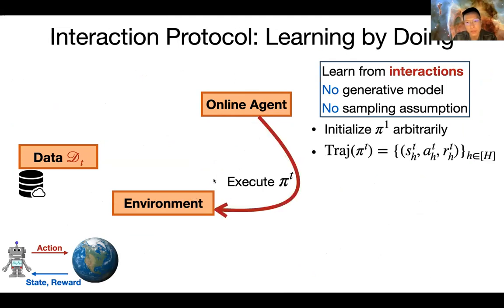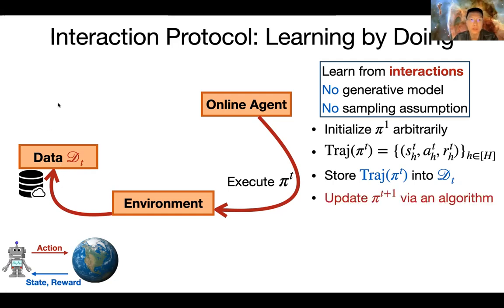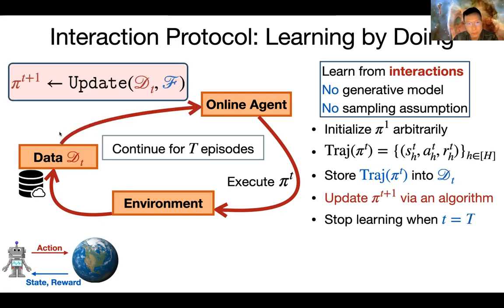It first initializes the policy pi_1 and then executes it, gets a trajectory, and then the agent will add this new trajectory to the data set. The data set is initialized by an empty set. And then with the current data set, it uses a reinforcement learning algorithm to compute an updated policy.